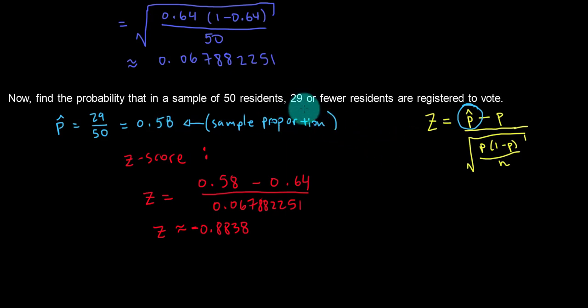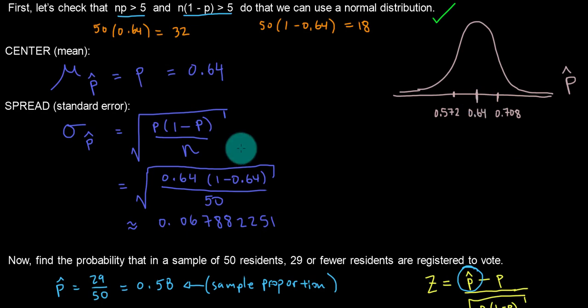I'm going to scroll up. 0.58 would be right around here, yeah? 0.58. We are finding the probability that the proportion is that many people or fewer in this sample of 50. So we want to find this area.